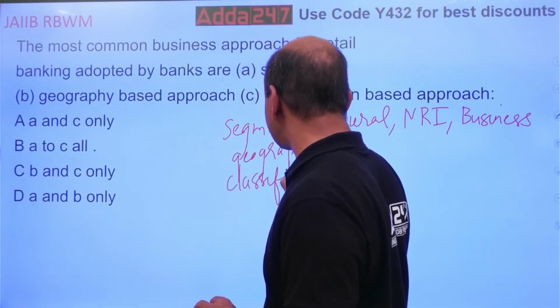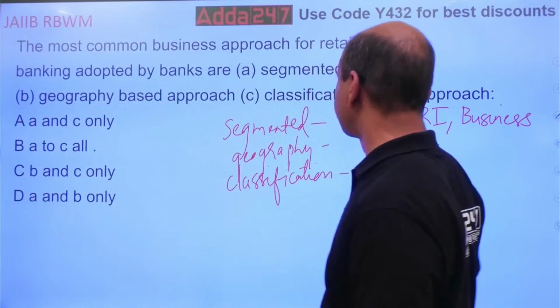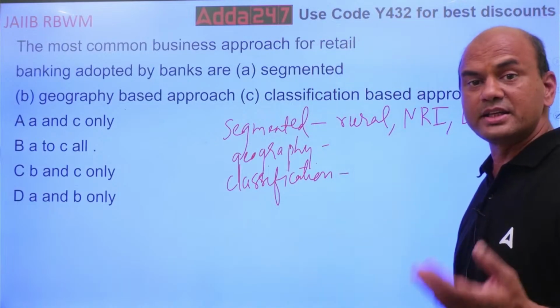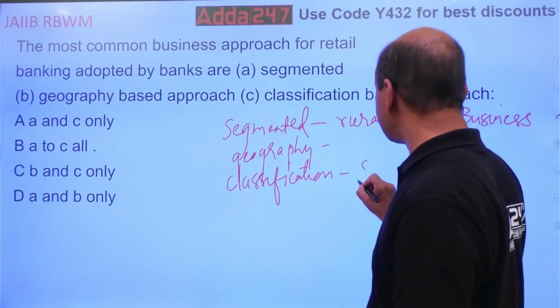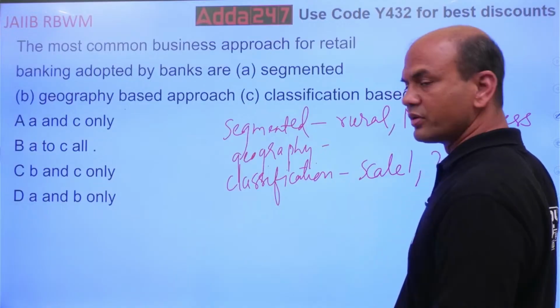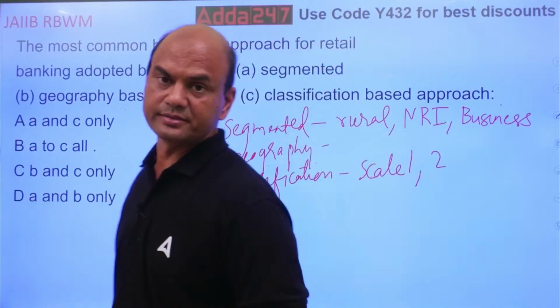Classification is generally followed in the nationalized banks. This is a scale 1 branch, scale 2, 3, 4, whatever it goes on. That is known as classification based.